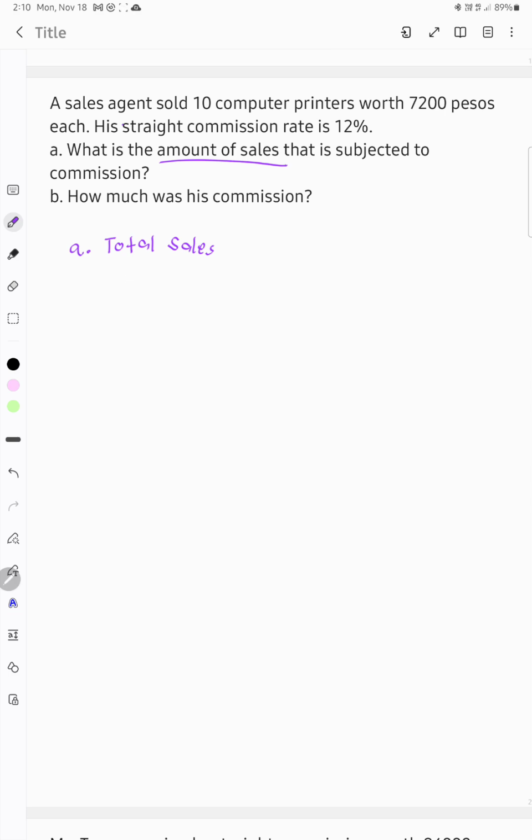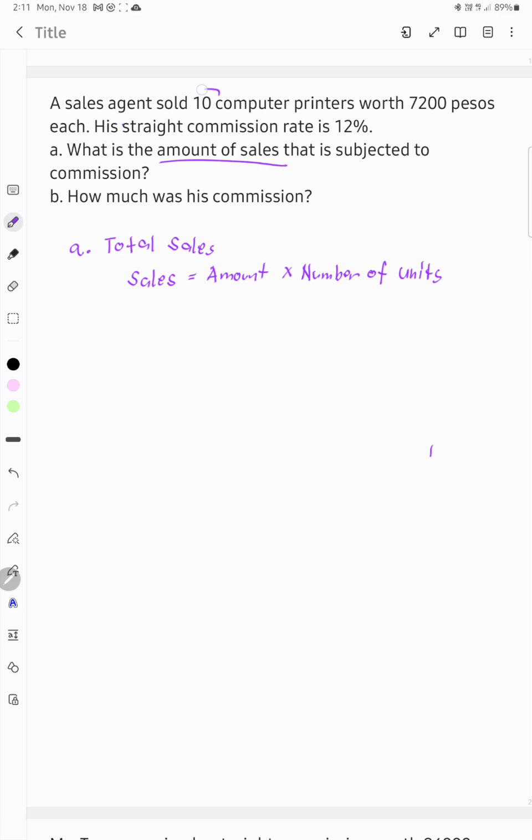The sales is equal to the amount times the number of units that was sold.